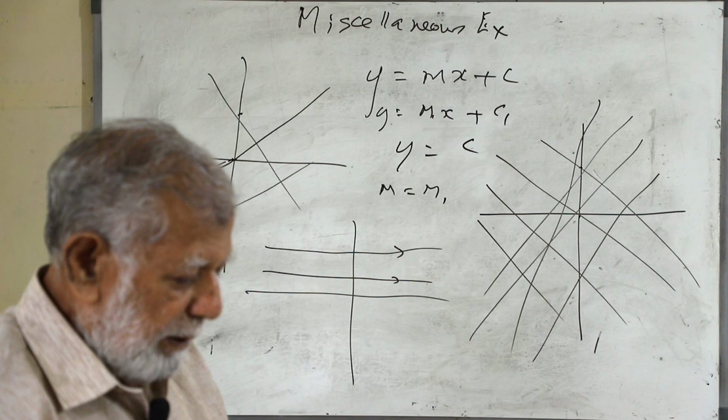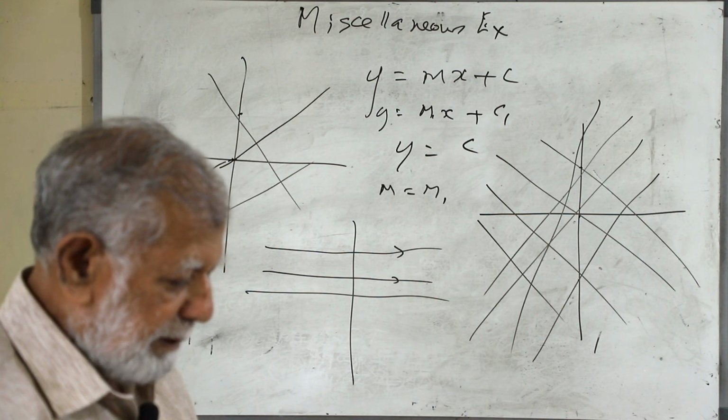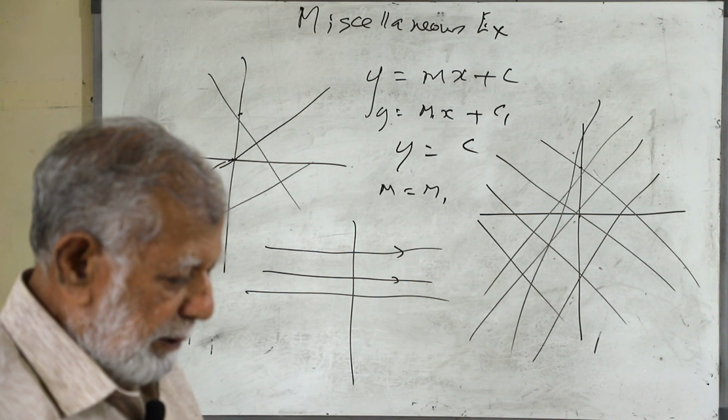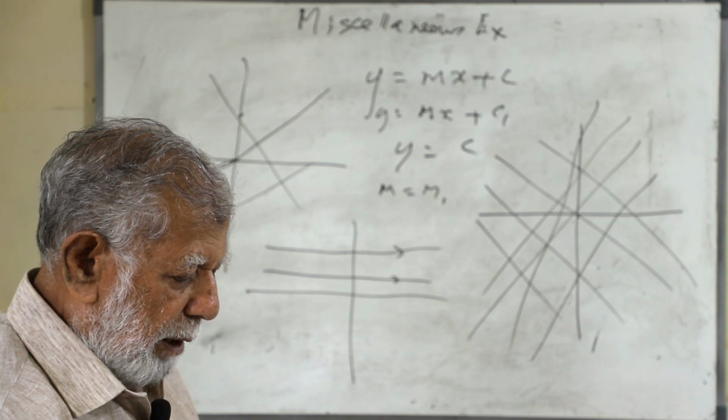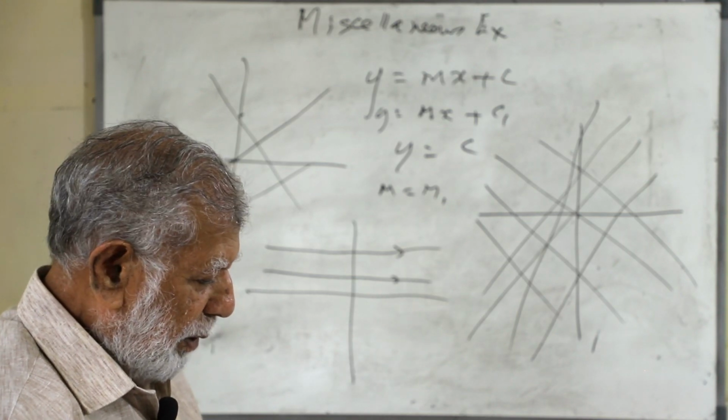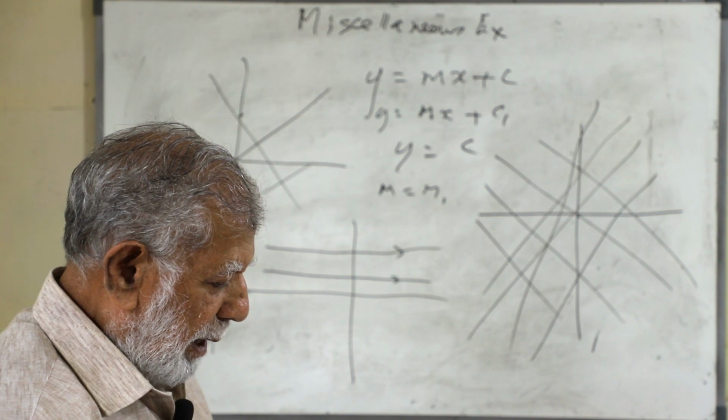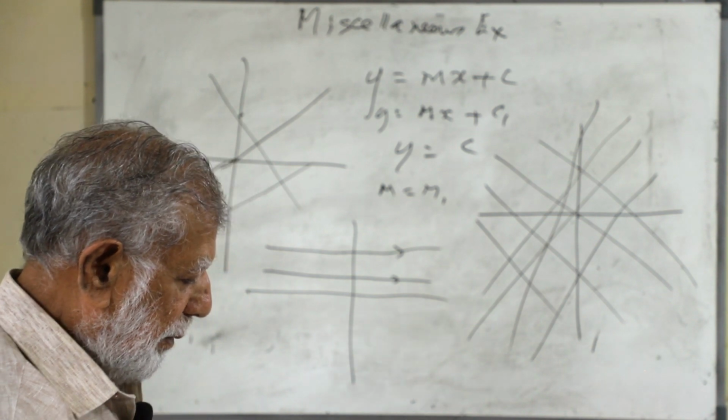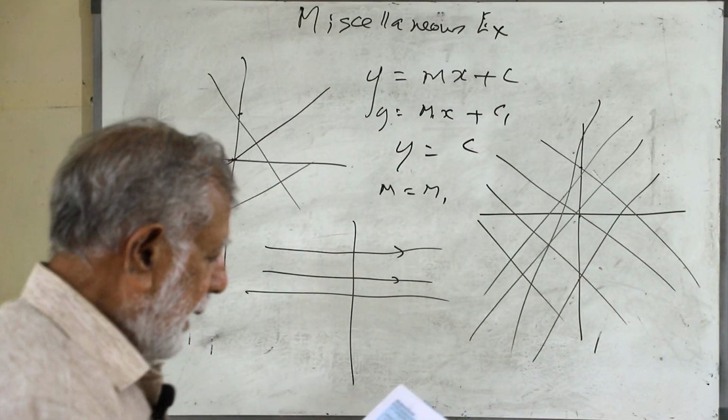Last one. A straight line given by y is equal to mx plus c intersects the y-axis above the x-axis only when m is greater than 0 and c is greater than 0.